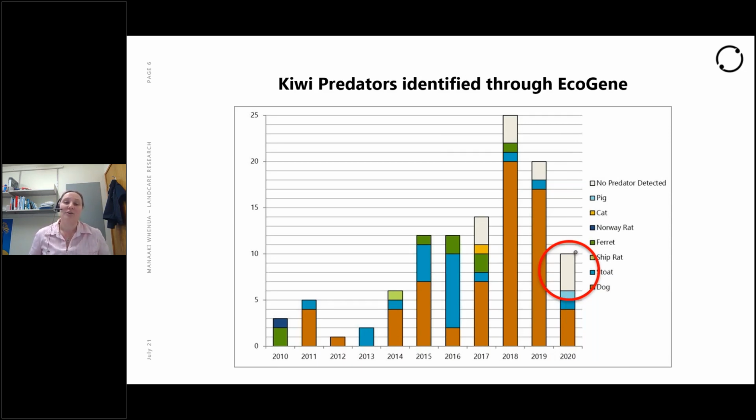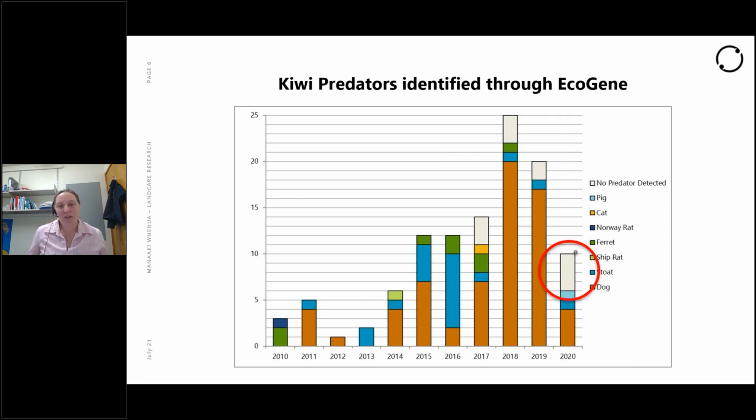What this graph here is showing you is the number of kiwi predations that were sent to Ecogene for identification over the last few years. And through the Kiwi Rescue program, one of the things that we wanted to do was to minimize the number of cases that appear in this grey box, the number of cases where we were unable to identify a predator.